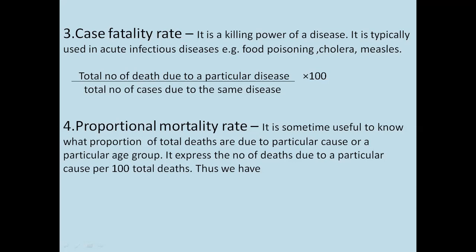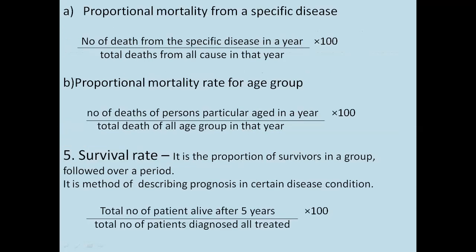Now the next mortality rate is the proportional mortality rate. It is sometimes useful to know what proportion of total deaths are due to a particular cause or a particular age group, and it expresses the number of deaths due to a particular cause per 100 total deaths. First we have proportional mortality from a specific disease, and proportional mortality rate for age groups. So these are two types of proportional mortality rate.